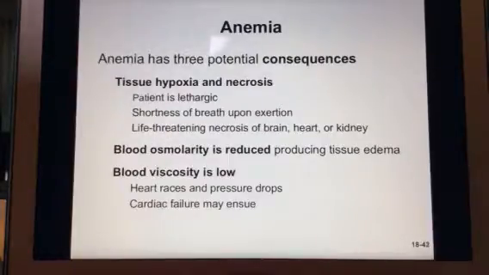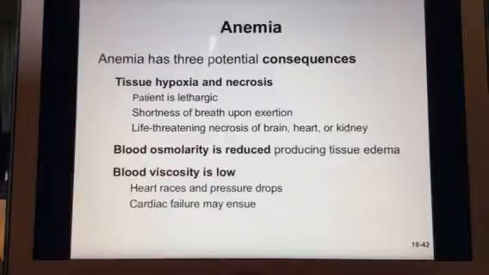Those anemias could have potential consequences. They could lead to tissue hypoxia. If that happens, you would expect the patient to be lethargic. They might have shortness of breath, and it could be life-threatening if we're talking about necrosis occurring in the brain, the heart, or the kidney.